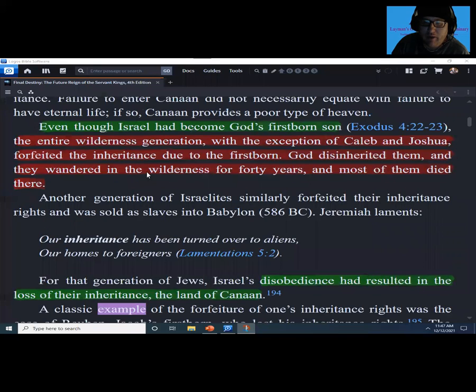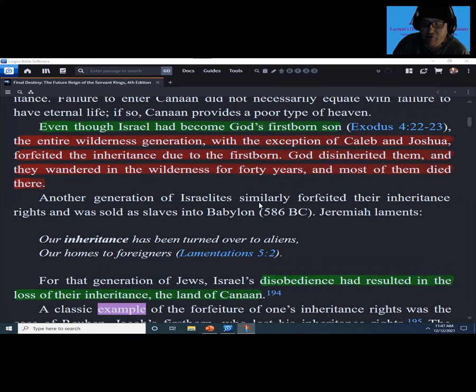Okay. And this is just a reminder from Final Destiny that even though Israel had become God's firstborn son as a nation, the entire wilderness generation, with the exception of Caleb and Joshua, forfeited the inheritance due to the firstborn. God disinherited them, and they wandered in the wilderness for 40 years, and most of them died there.